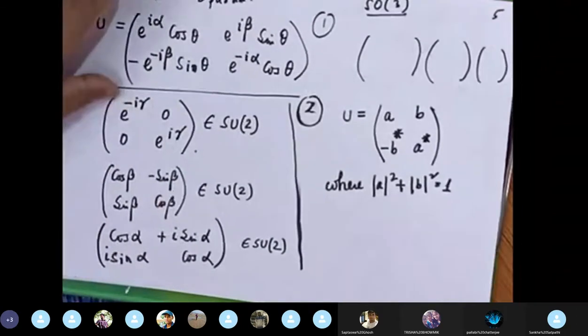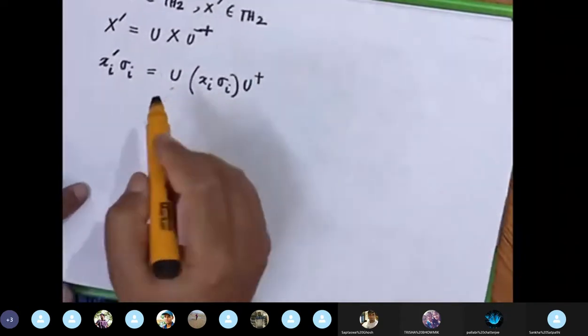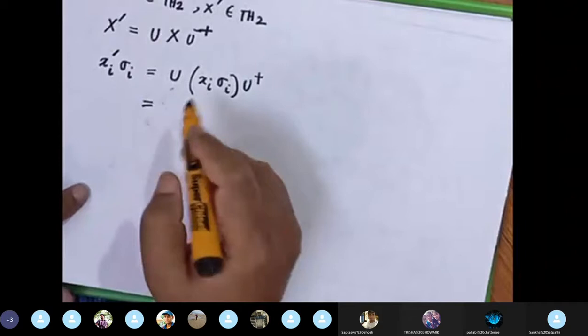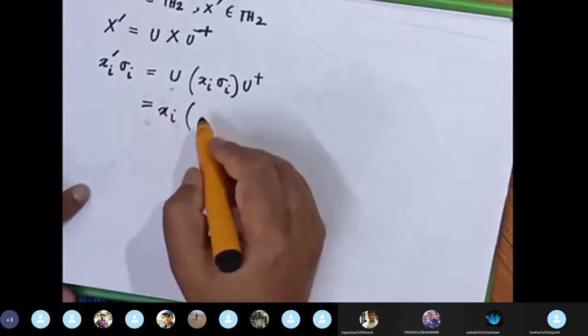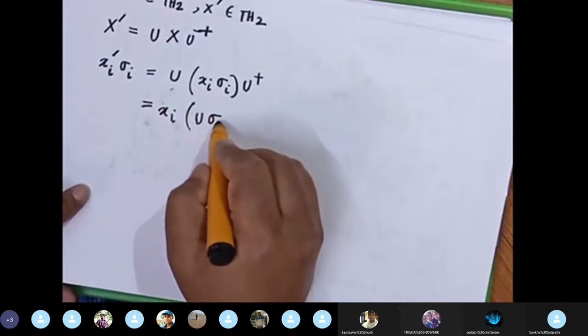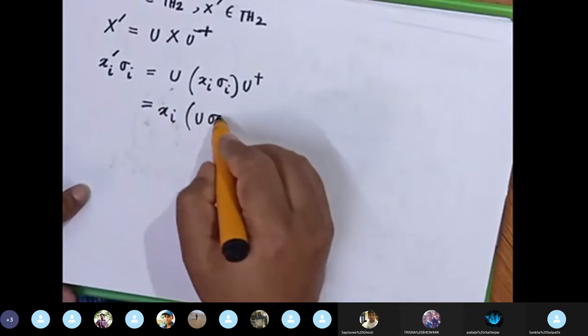Okay, so do this thing. This object is x_i into u sigma_i u dagger.